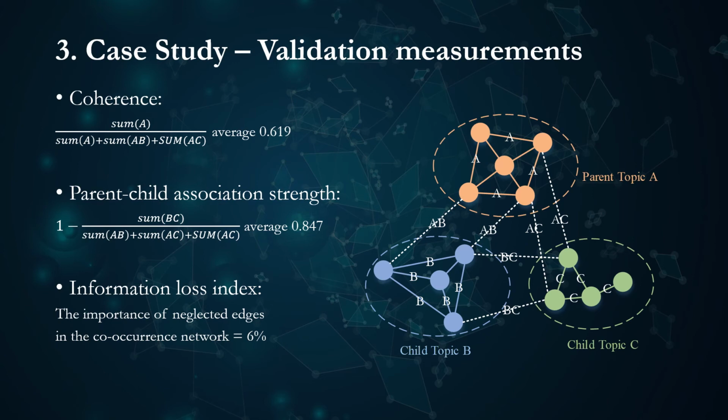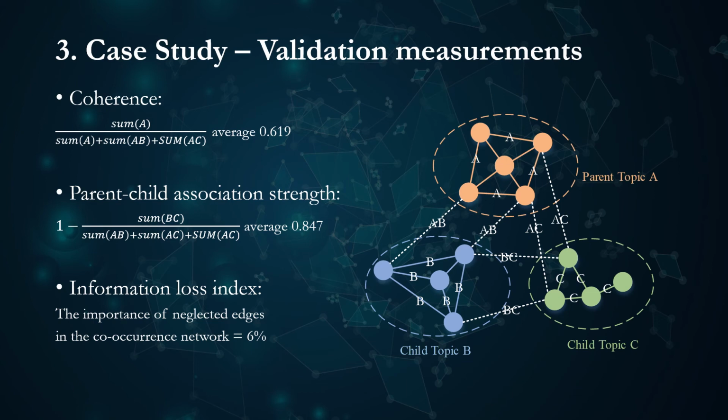At last, we employ some validation measurements to evaluate our methodology. The first one is topic coherence. It indicates how the terms within a certain topic are consistent with each other. So we got an average value of 0.619, and this value we consider is acceptable because it's above 0.5, and we think this value is the larger the better.